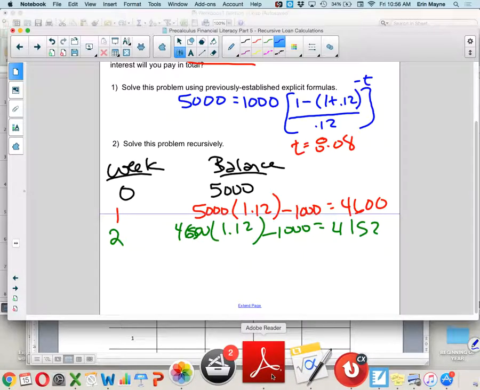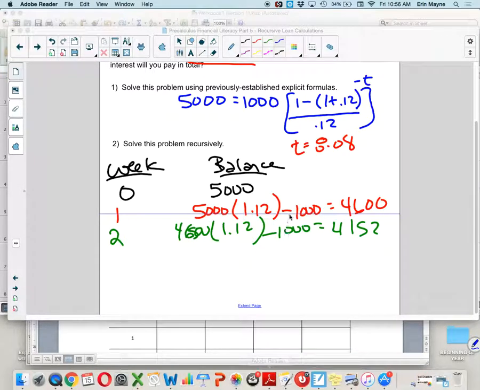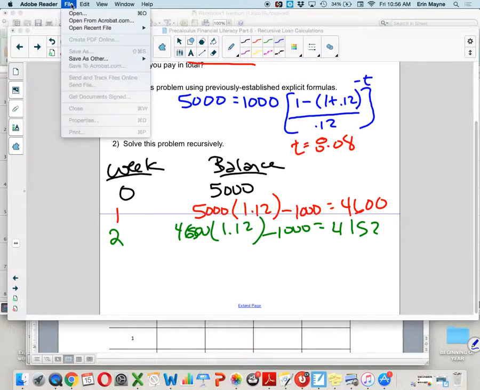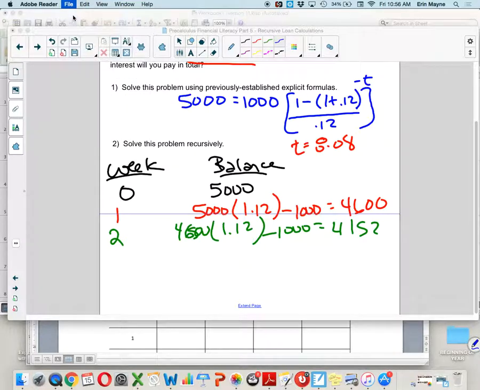Okay, so in a minute, I'm going to show you what your lines should look like to double check.